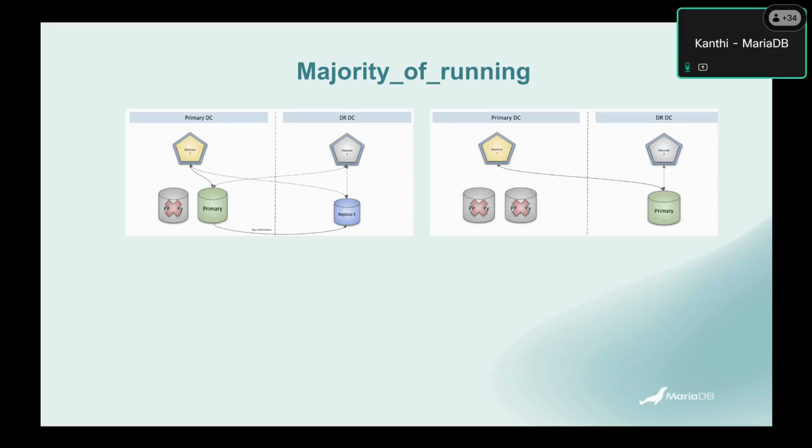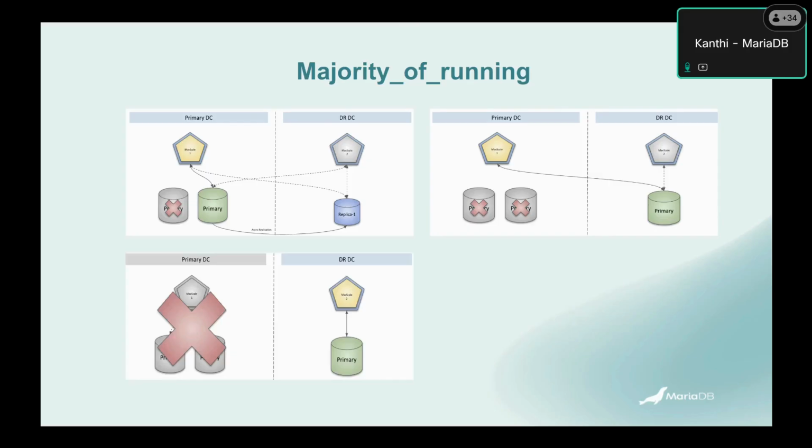Then the majority of running is just one node. So it is 1 divided by 2 plus 1, which is just 1. In this case also, MaxScale 1 has enough logs, which is just 1, so it is able to connect to that node and able to promote. That means the existing DR replica is promoted as a primary. This is how it works.